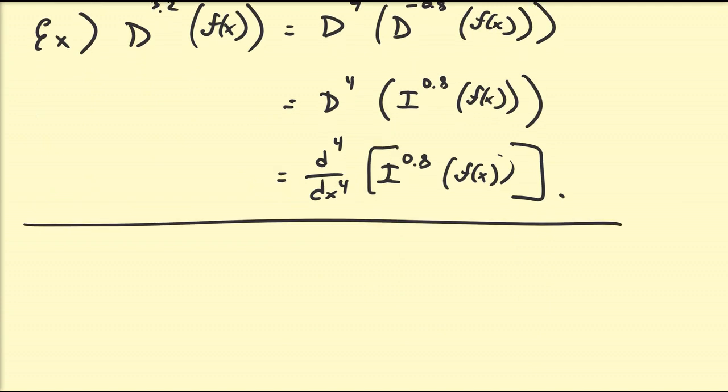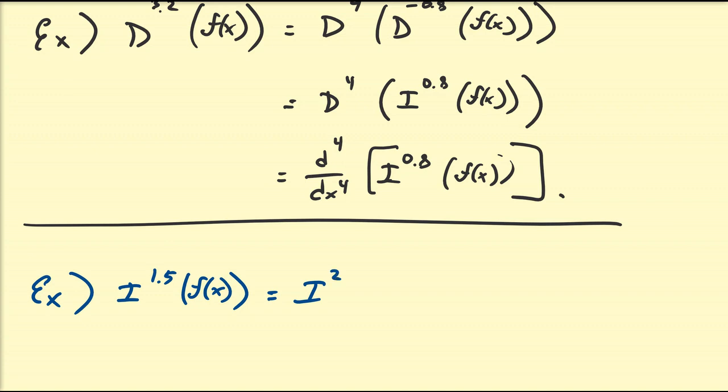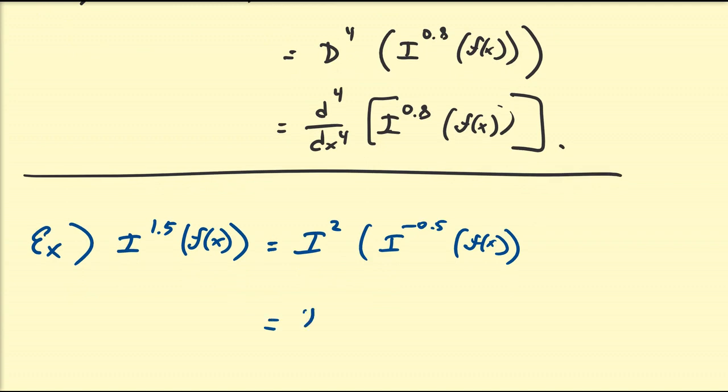Now the other direction. For example, let's assume we're interested in the 1.5 integral of f(x) dx. What we can do is rewrite this as I^2 of I^(-0.5). That's one way to do it. Of course, I^(-0.5) is the same as D^0.5 of f(x).